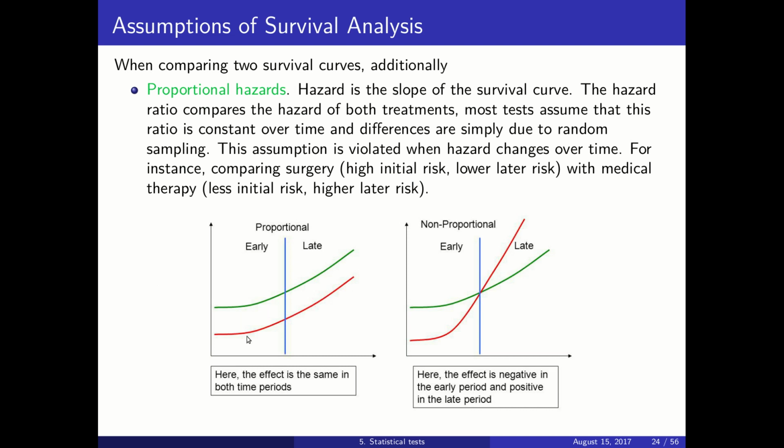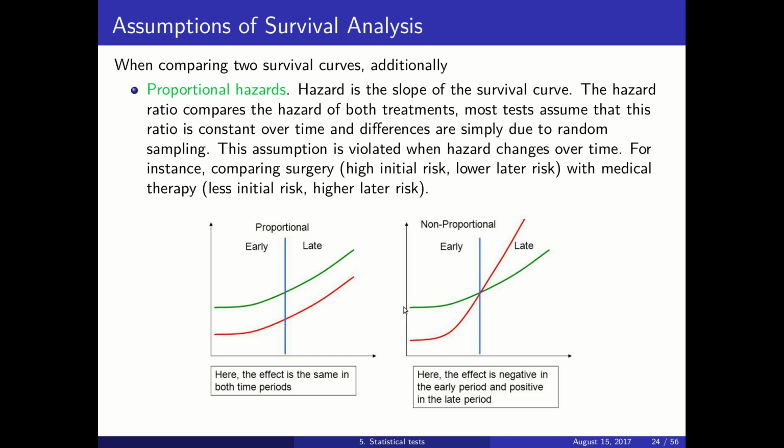If you take the slope of these two curves, the slopes are different, but there is a constant ratio between the two. The relationship between the two is constant over time, and we say that we have proportional hazards, even if the hazard changes over time.